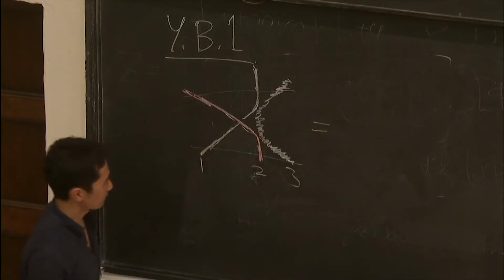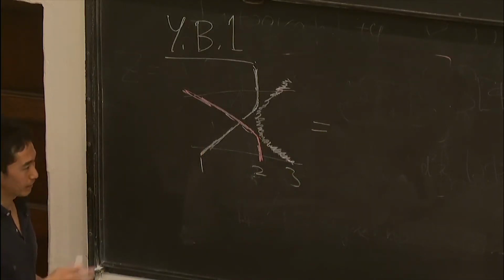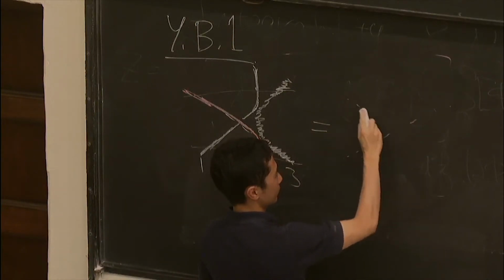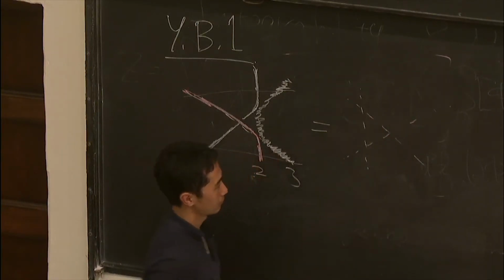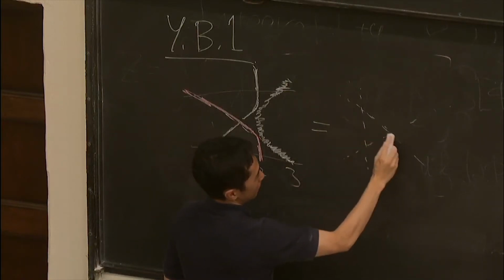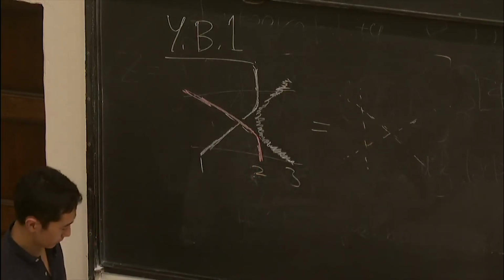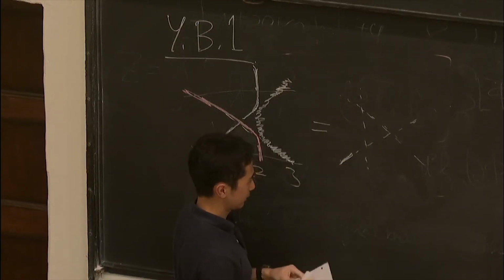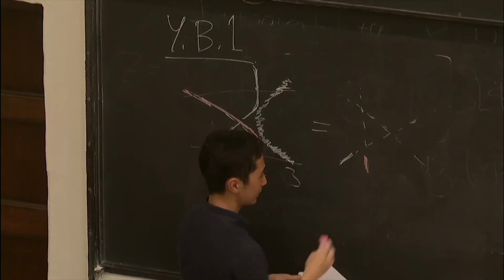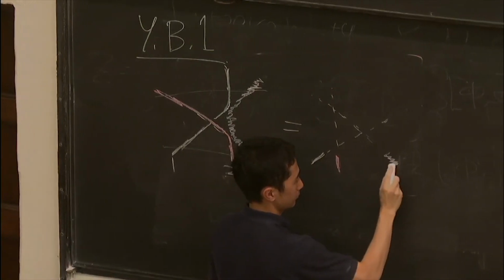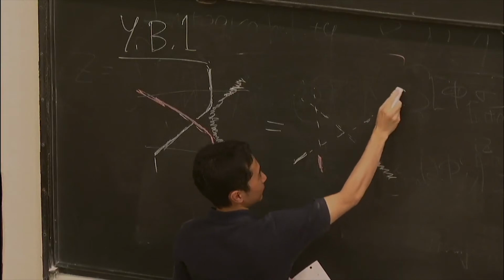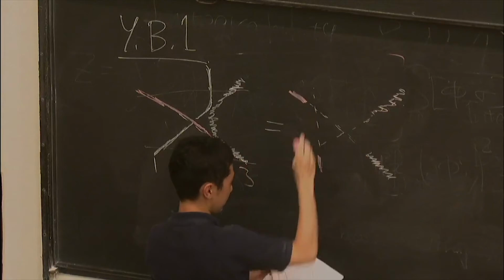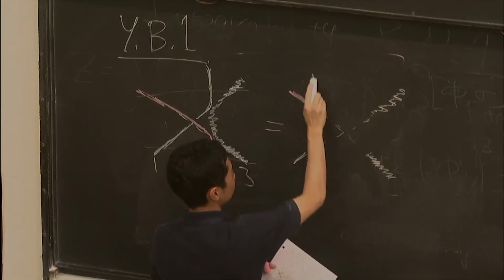And now I'm going to impose Yang-Baxter, so I need to equate this picture to a different picture, which has this topology. And again, of course, I need to require that the particles are ordered in the same way. So I have a particle like this, and a particle like this, and a particle like this.